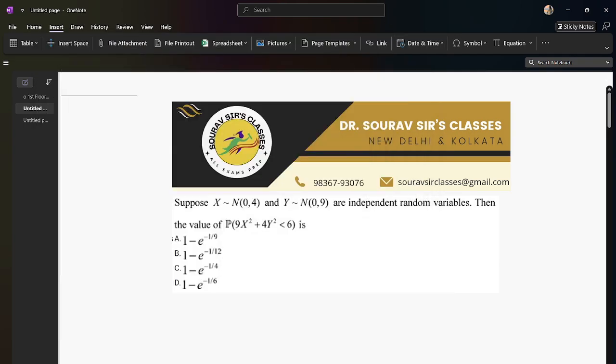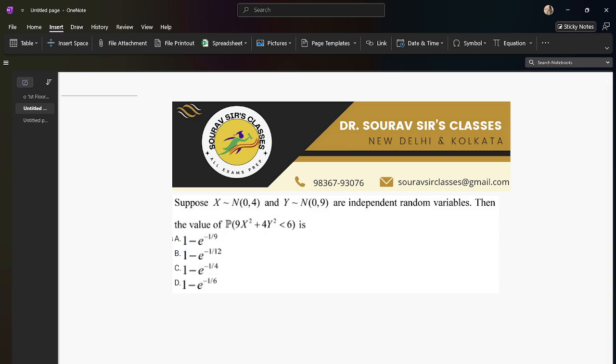So now we are going to solve a problem which appeared in the IIT JAM Mathematical Statistics question paper. The question says: suppose X is approximated by the normal distribution N(0, 4) and Y is approximated by the normal distribution N(0, 9), and they are independent random variables.